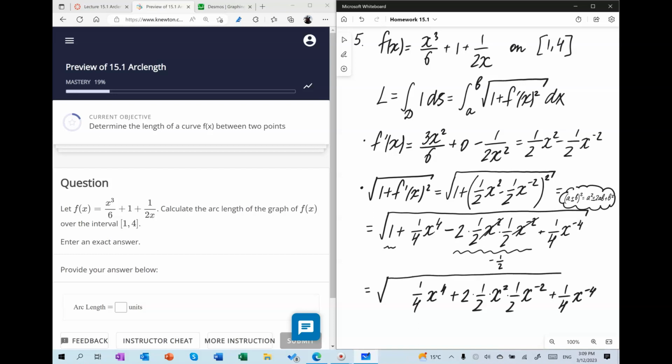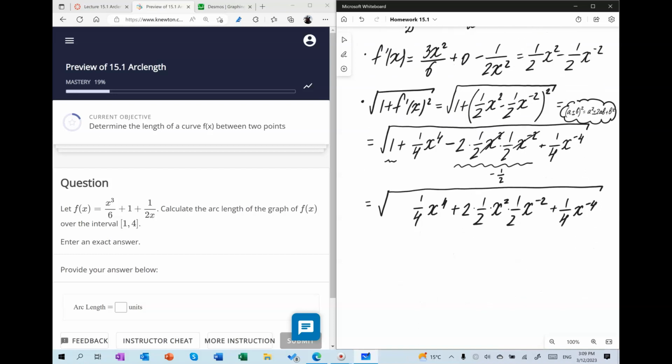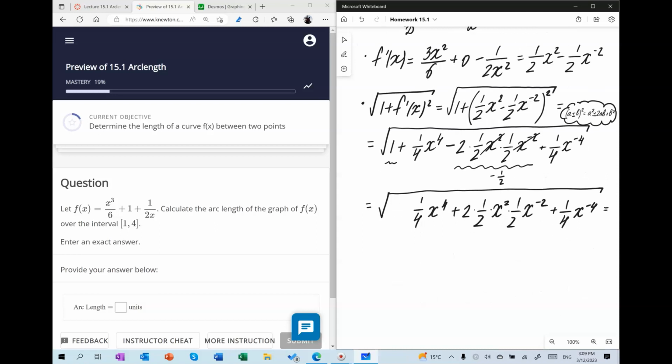But this is literally the same formula that we had, except with the opposite sign. So it's literally going to be equal to 1/2 x squared plus 1/2 x to the power -2 squared.